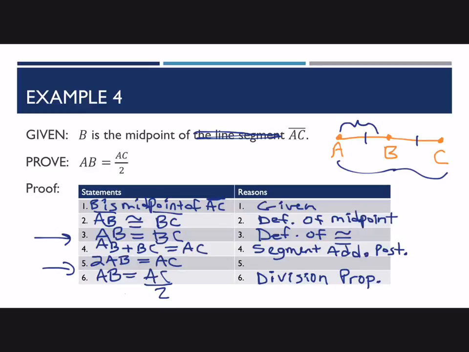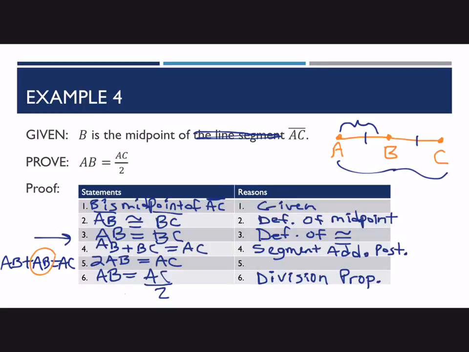But in this case, let's check and see if we are ready to jump from statement 4 to 5. Keep in mind for statement 5, this is actually AB plus AB is AC. We know that. And if we compare that with statement 4, the only real difference is that this second AB is there in place of BC.